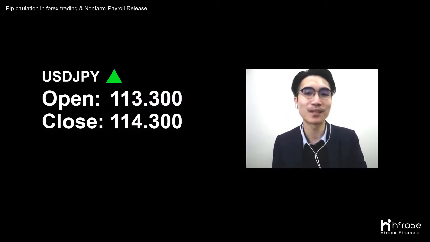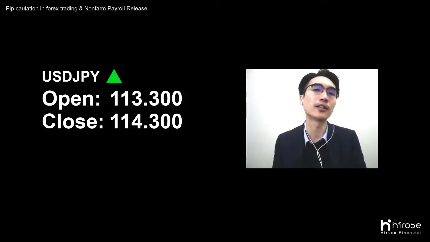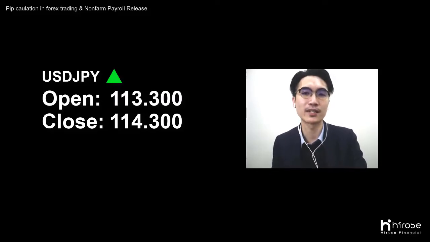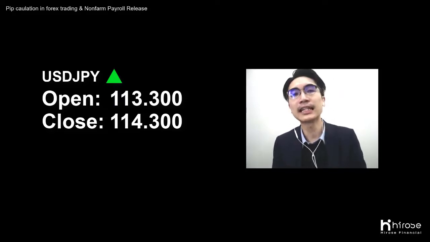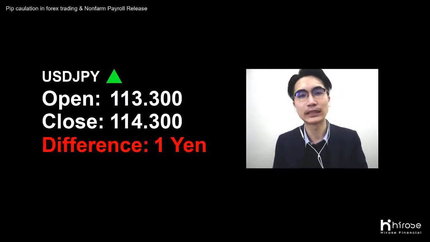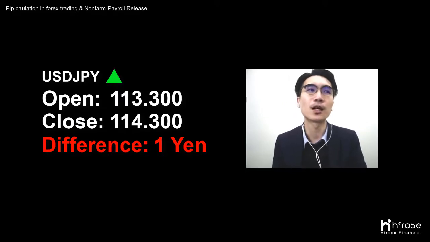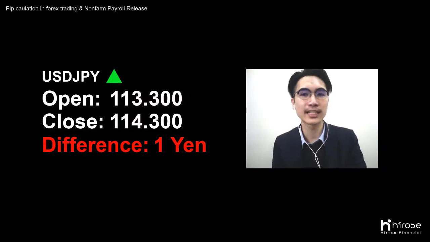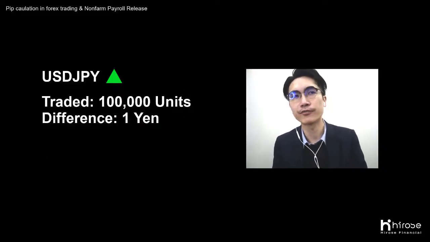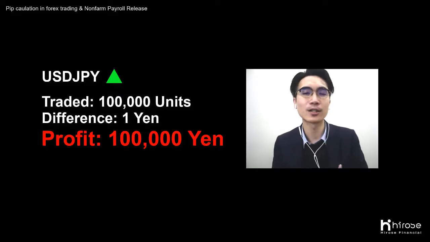Then it becomes this much here, and then I close the trade when the price becomes this much. So by looking at these two numbers here, the price difference is 1 yen. If I traded 100,000 units in US dollar and Japanese yen, and the price difference is 1 yen, then the profit I'm gonna get is gonna be 100,000 yen.